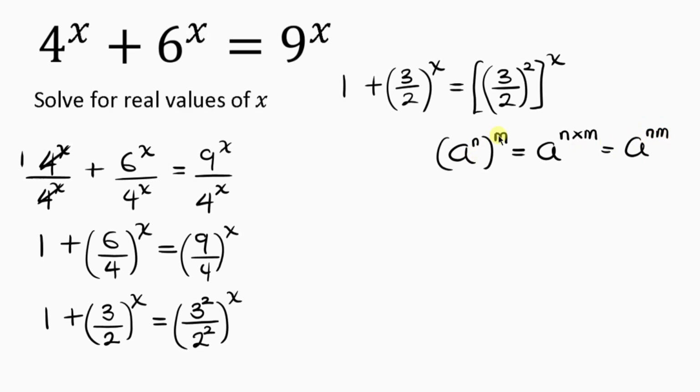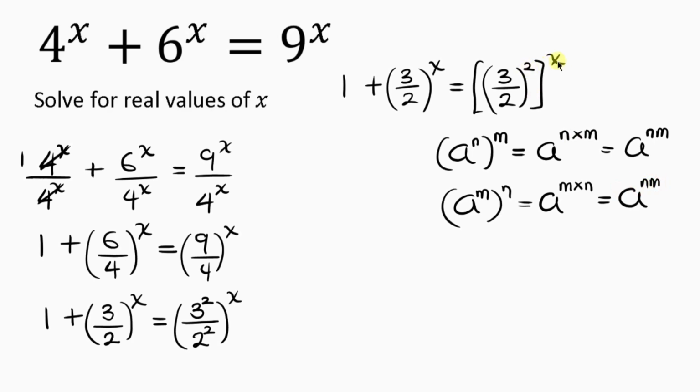The same thing when I switch the position, let's say I switch m inside and bring out the n, remember from the law of indices, the powers multiply. So we have a, now multiply the power, m times n. I'm still going to be having m times n, which is nm, the same thing.